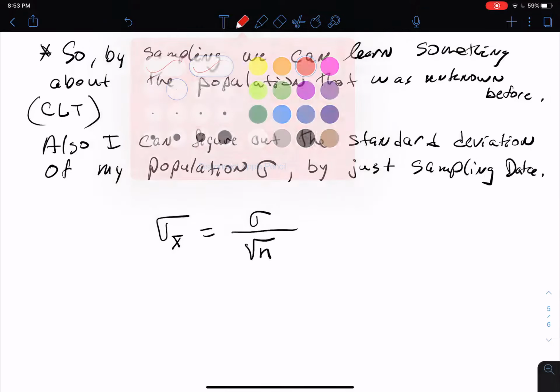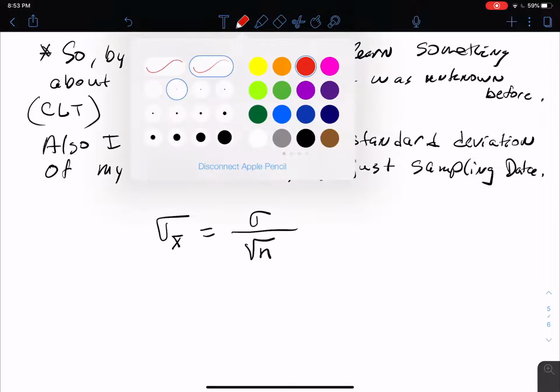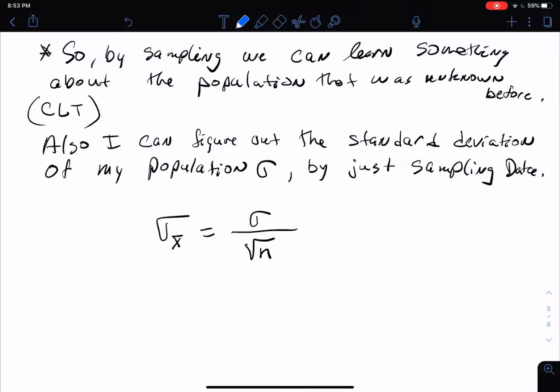Very often, the standard deviation of a population can be really hard to get. Think about it, if I was trying to find the average height of all males in the United States or the world, you would have to calculate the standard deviation with all those people. That's really tough.